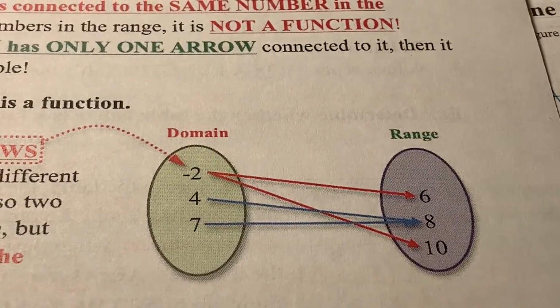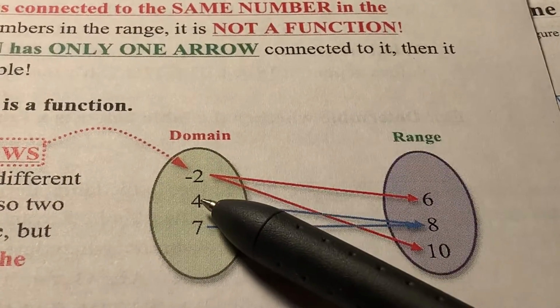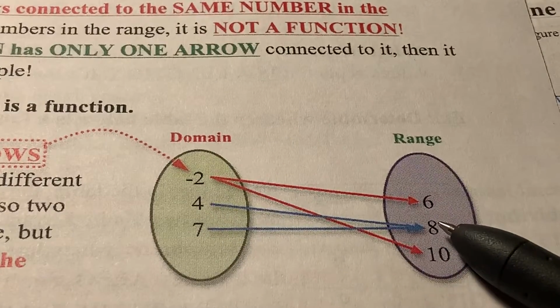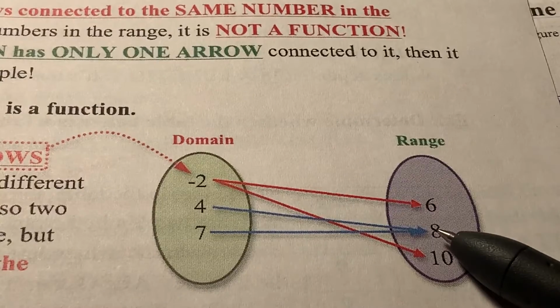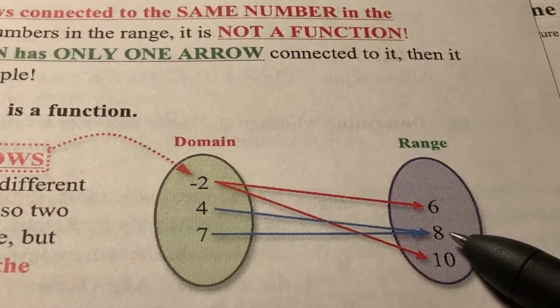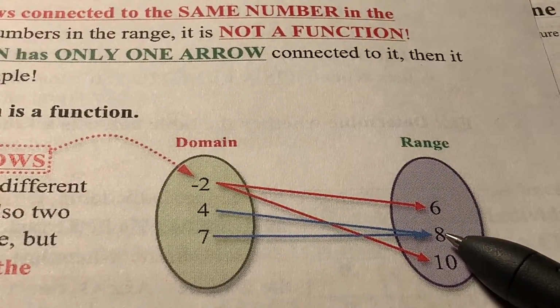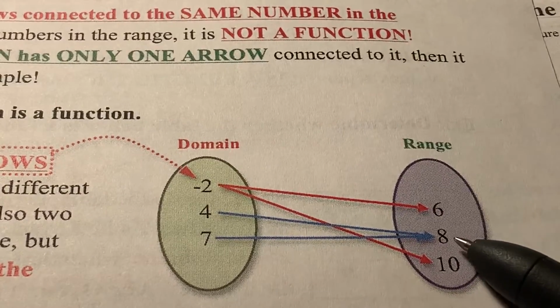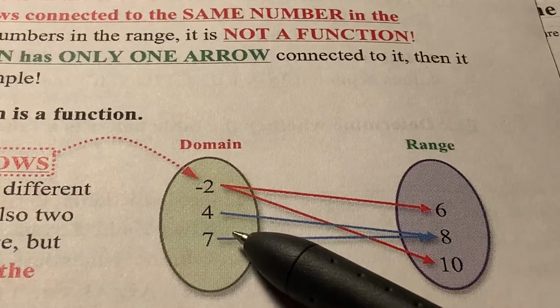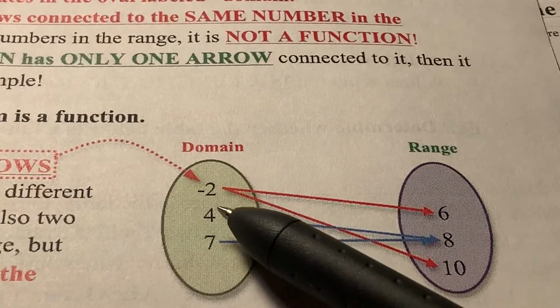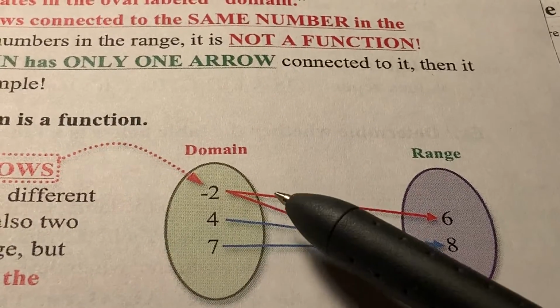If you look at this in terms of coordinates, this would be 4, 8 and 7, 8. They both have an 8 in the range, right? But remember we said the range can repeat. It's the domain that can't repeat. So I'm not concerned about 4 and 7 both pointing to 8.